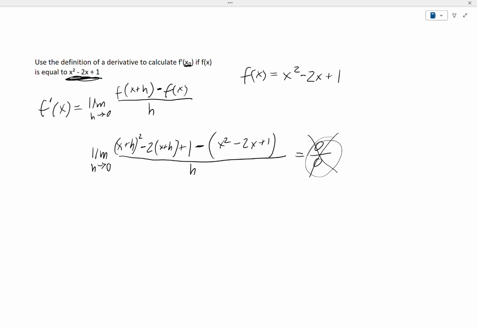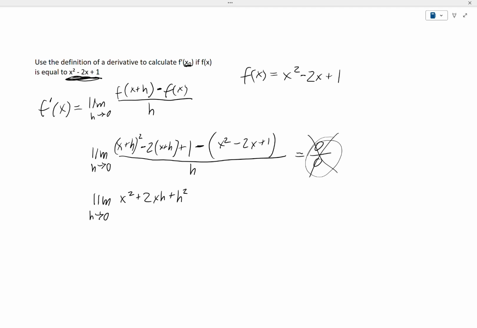So that's what my goal is, and I'm just going to use algebra, use distributive property and FOIL and stuff just to try to break this down and see if I can get it into some value other than 0 over 0. So limit as h approaches 0, I'm going to use FOIL up here. So that's x squared plus 2xh plus h squared.